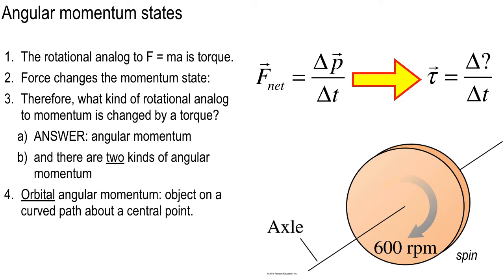So planets orbiting the sun have an orbital velocity. They're going so many miles per hour, so many kilometers per second. They're going pretty fast. So that's P equals mv, but they also have the sense that they're rotating around the sun, and the sun is that central point.